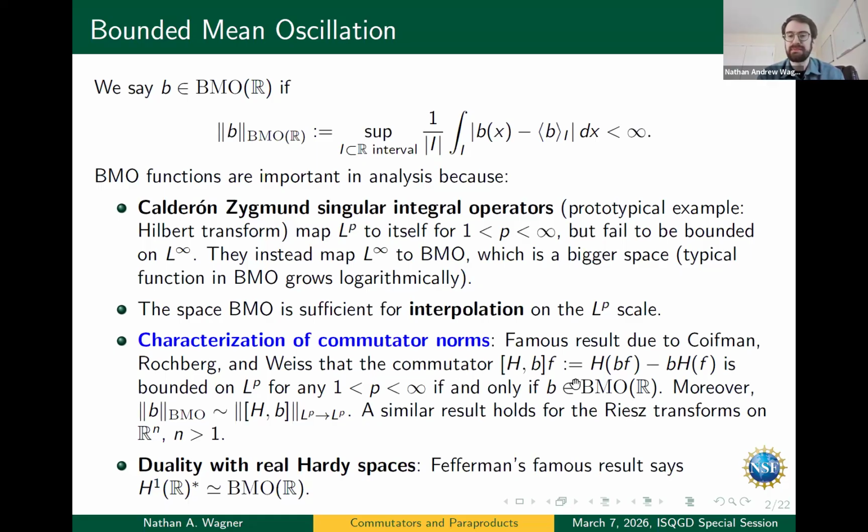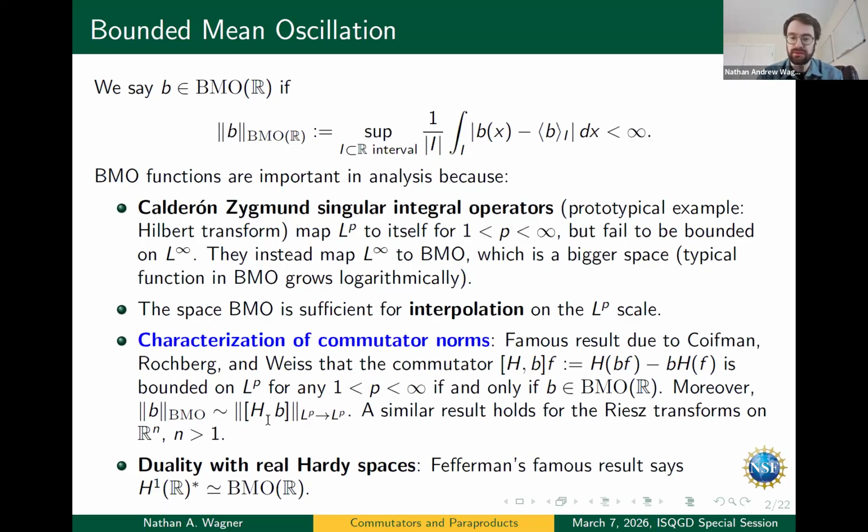So the commutator here is measuring how much the operator H commutes with multiplication by another function. And the amazing thing is not only is this a characterization, but we can also provide an equivalent norm on b. The BMO norm is equivalent to the operator norm from L^p to L^p of the commutator.